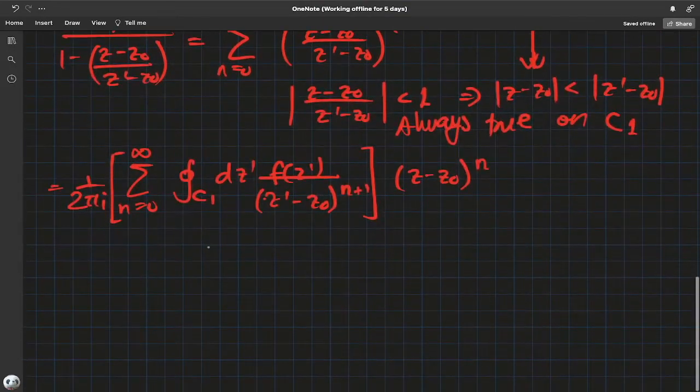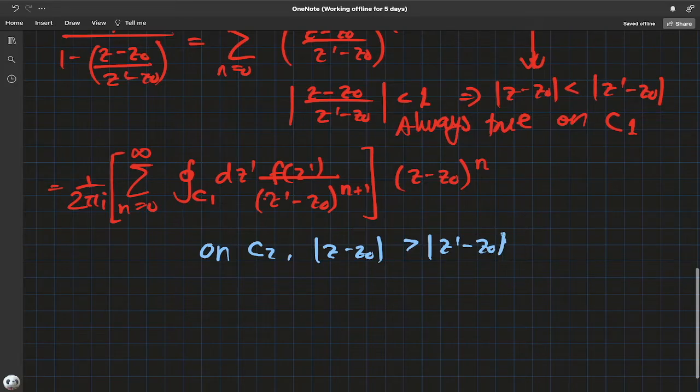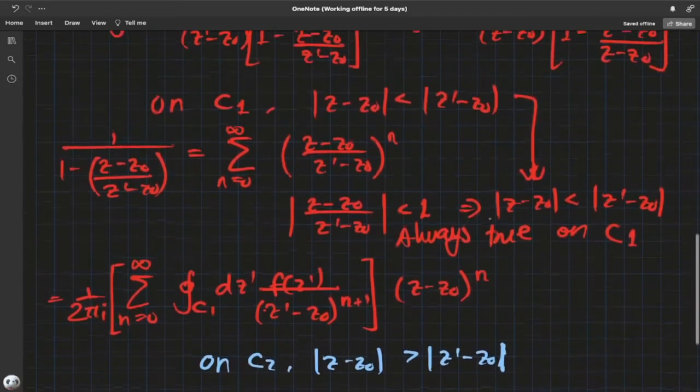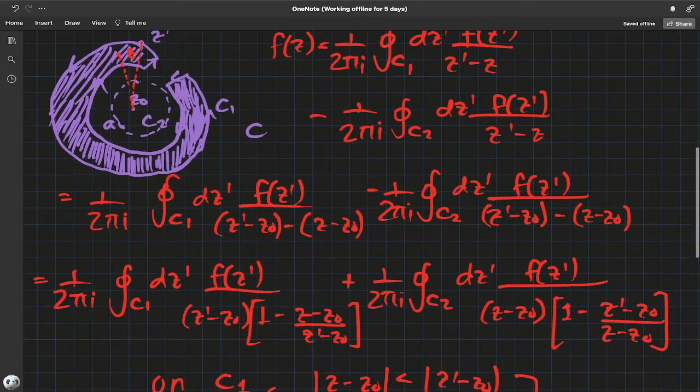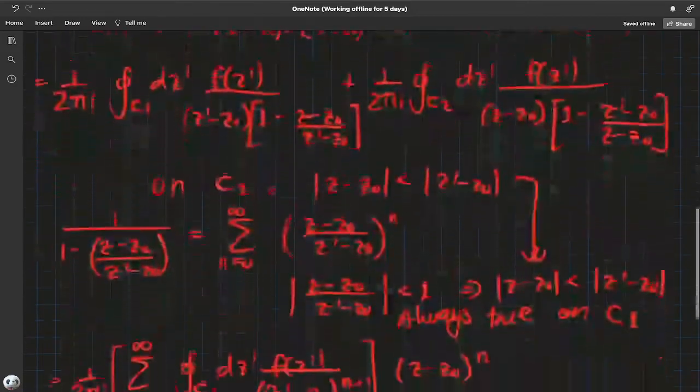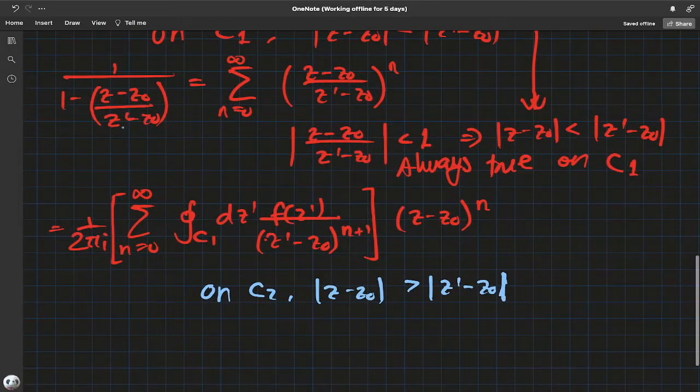Okay, so let me see. On C2, we have the condition that the magnitude of z minus z naught is greater than z prime minus z naught, the opposite of this one. Let's check that out. Say z is like here, again inside the shaded region. This distance, z minus z naught, is greater than z prime minus z naught.